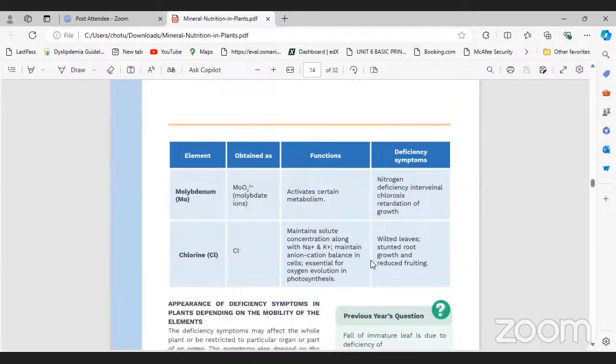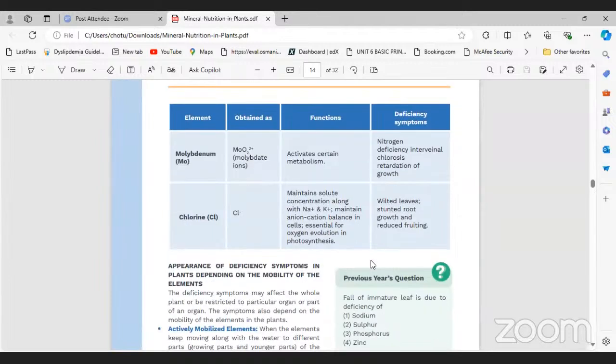Next one, molybdenum. Molybdenum activates certain metabolisms. Its deficiency causes interveinal chlorosis and retardation of growth.